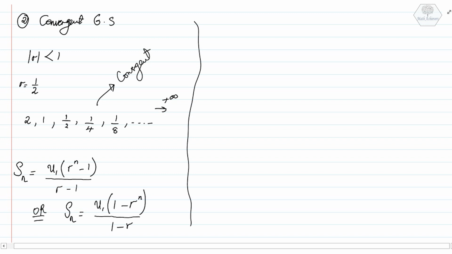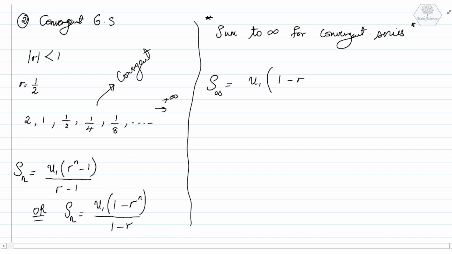But the different thing for a convergent series, if we want to find the sum to infinity, I only have to apply infinity instead of the n. So for a convergent series, this is so essential. If I want to find the sum to infinity, it's equal to u1 times 1 minus r to the power of infinity over 1 minus r.